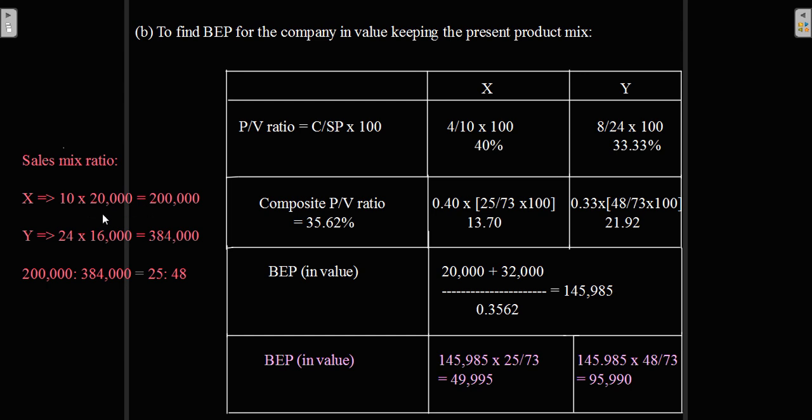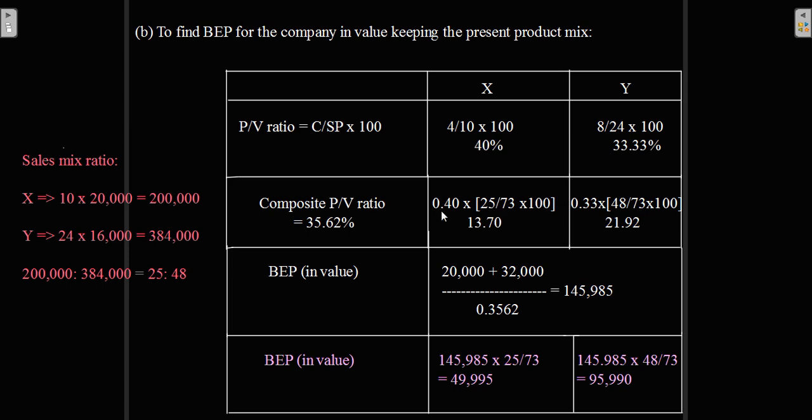So 10 into 20,000 units of component X is 2 lakhs, and Y's selling price is 24, into the number of units sold of component Y, 24 into 16,000, you get 3,84,000. So the ratio of this is 25:48.